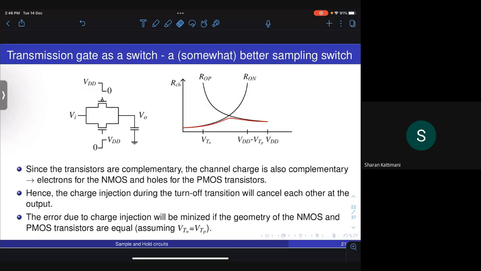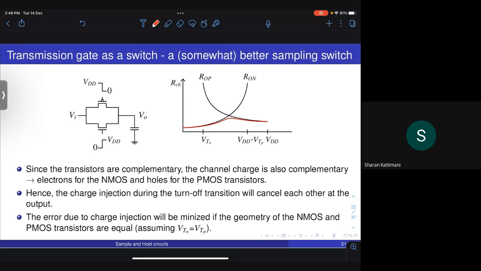Fine. What about charge injection? Since the transistors are complementary, the channel charge injected is also complementary. For example, in the NMOS, when the transistor turns off, the charge that is injected is electrons which escape the channel, whereas in PMOS the channel is made up of holes, so those also will escape the channel. Both of these are complementary.